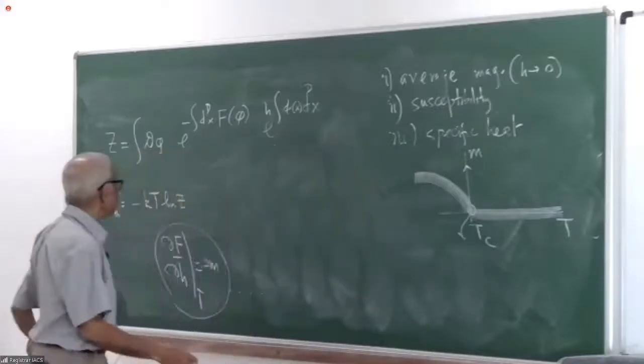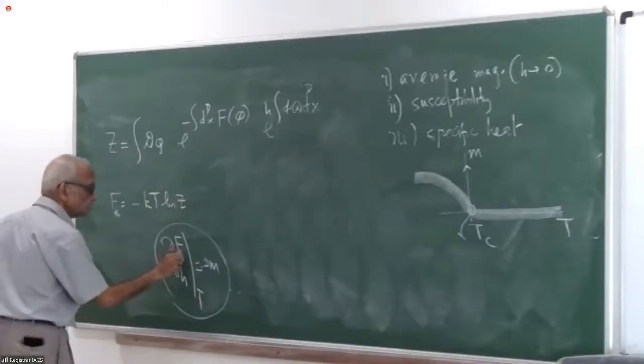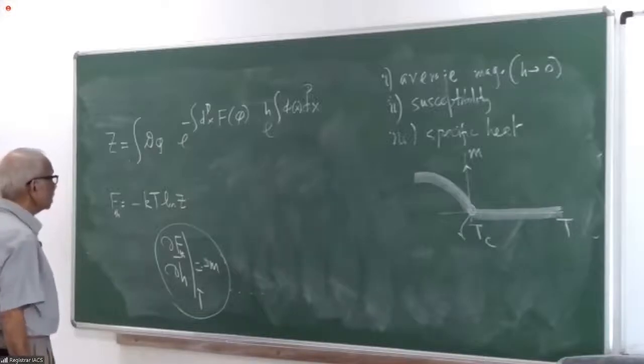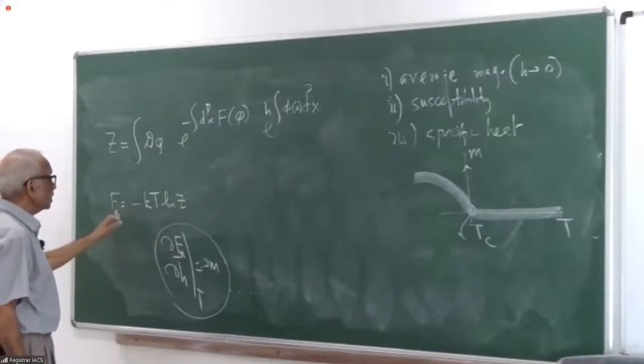So the F thermodynamics over here, it is this part which is minus M, and it is kT log Z, and I have this log Z over here.